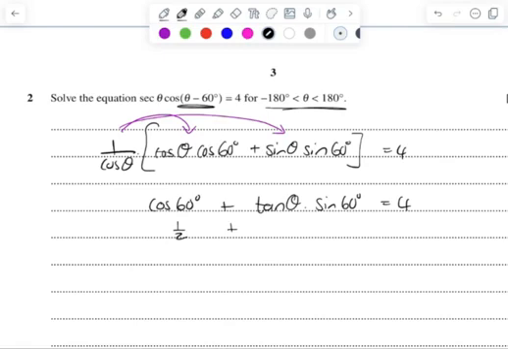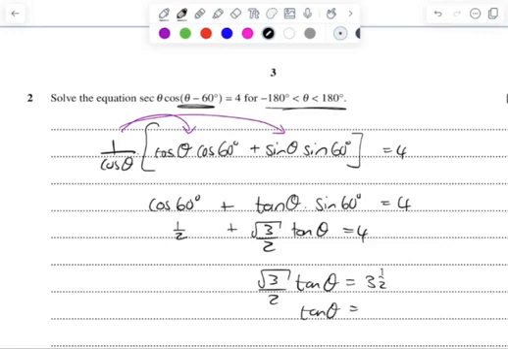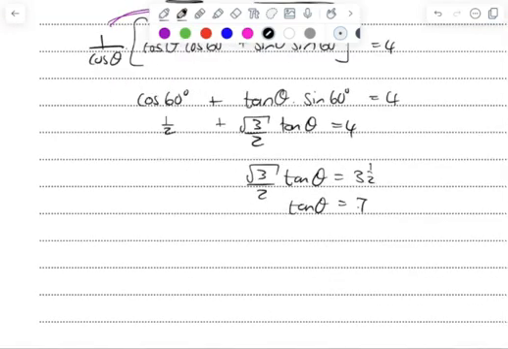Sine of 60 is root 3 over 2. Okay, if I isolate my tan theta, I've got 3.5 here. This gives me 7 root 3 over 3.